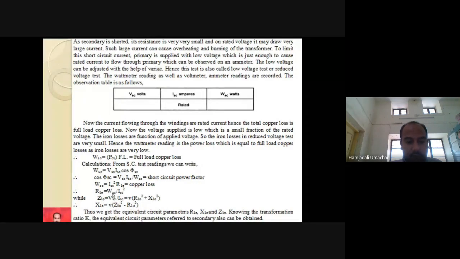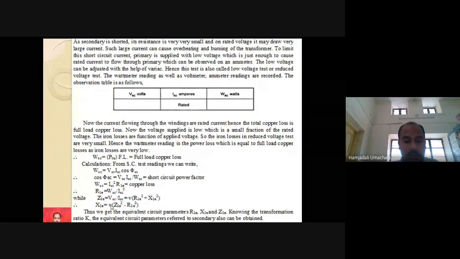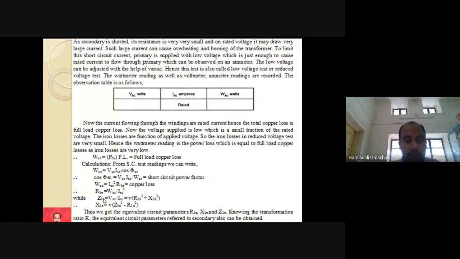Square root of Z1E square minus R1E square. This V symbol you are observing here is not the English small letter V, it is the square root symbol, under root of Z1E square minus R1E square. Is it clear, all of you? Yes?